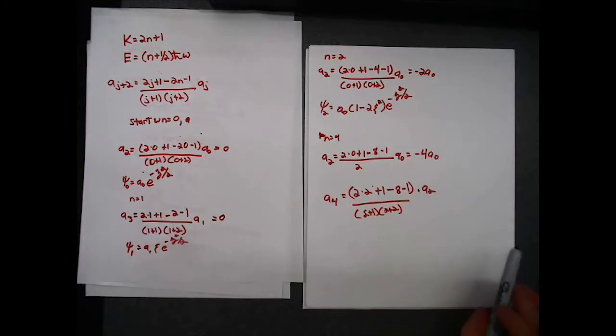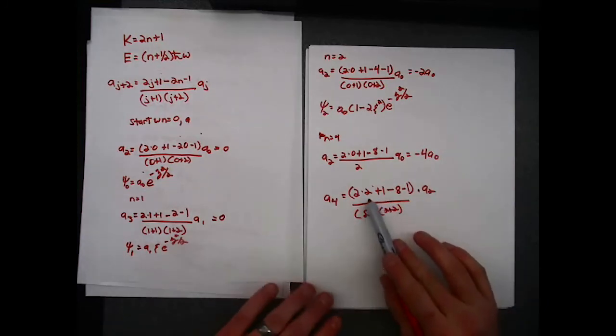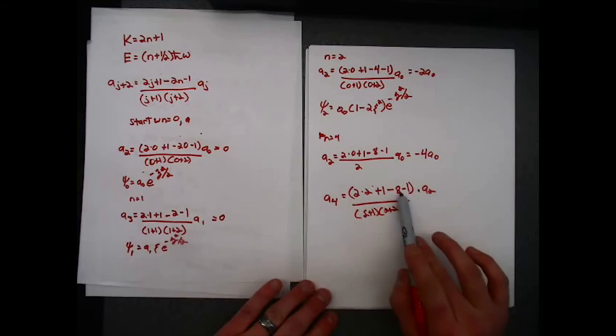So we have 4 plus 1, 4 minus 8, that's minus 4.